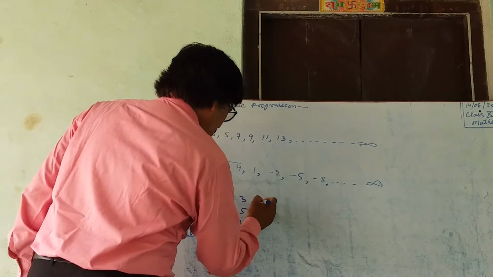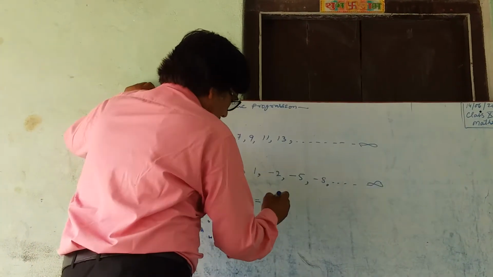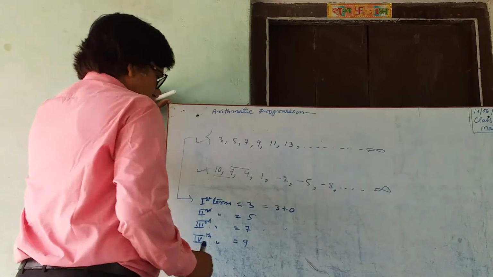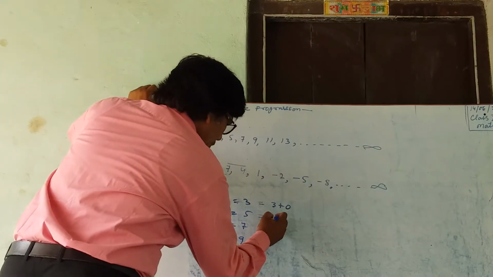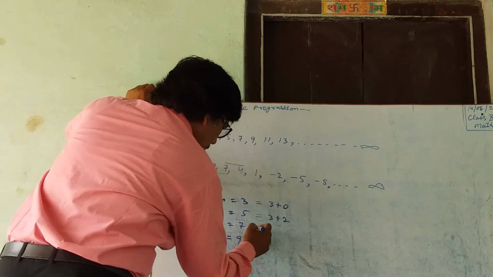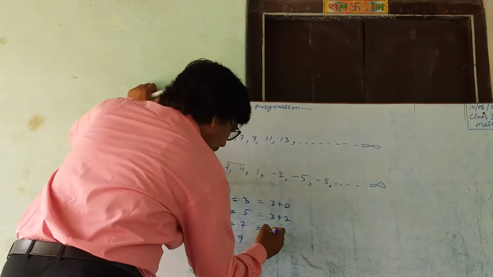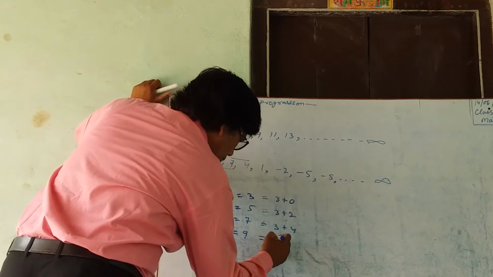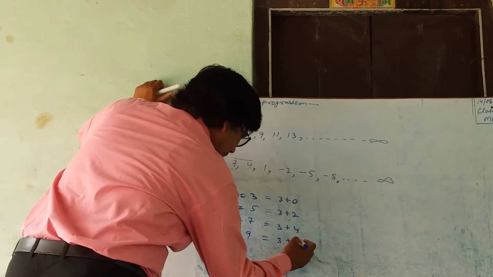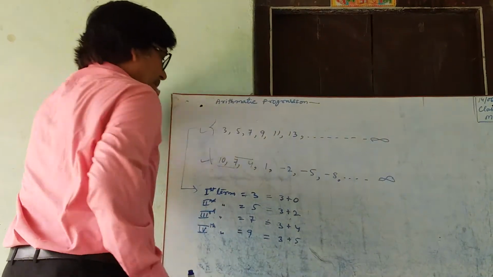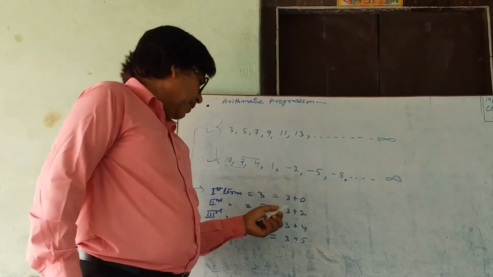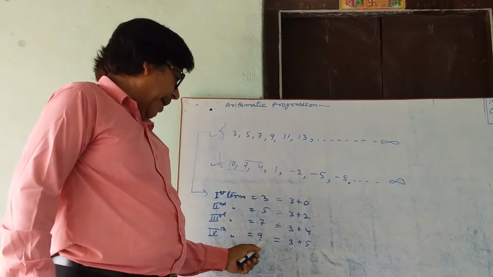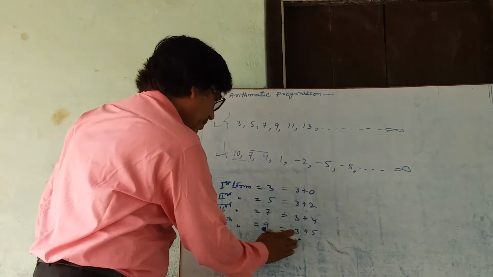3 equal to 3 plus 0, 5 equal to 3 plus 2, 7 equal to 3 plus 4, 9 equal to 3 plus 6.